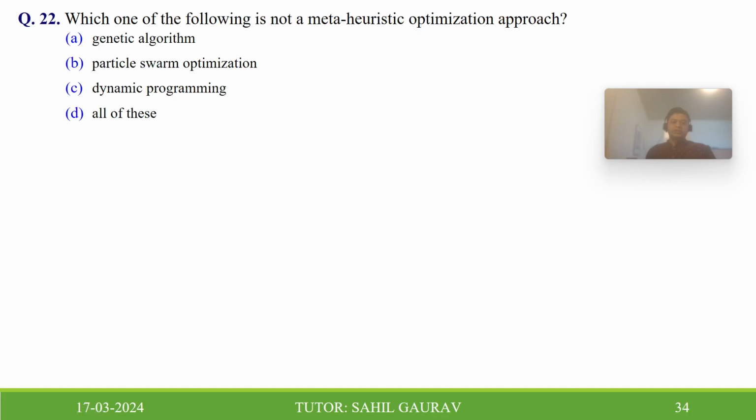Now we have come to the last problem: which of the following is not a meta-heuristic optimization approach? The options are genetic algorithm, particle swarm optimization, dynamic programming, and all of these. Dynamic programming is correct, C is correct.